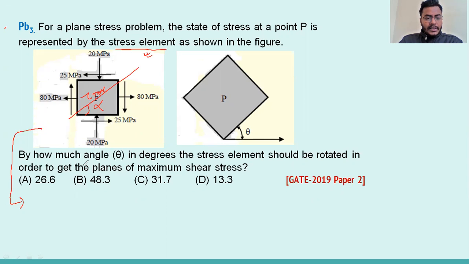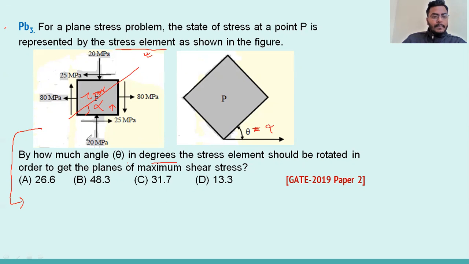So the question is saying how much angle in degree the stress element should be rotated to get the plane of maximum shear. So suppose we start rotating. Theta should be equal to alpha to get the plane of maximum shear, because the maximum shear is at an angle alpha with the horizontal. So we have to calculate alpha in this case.